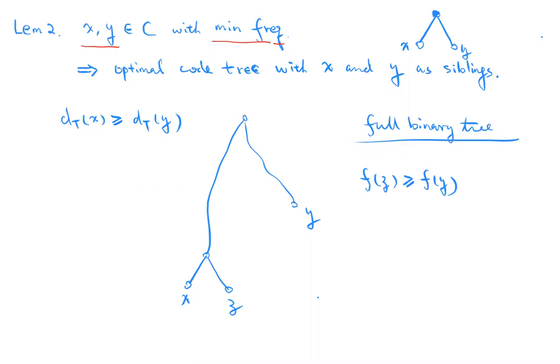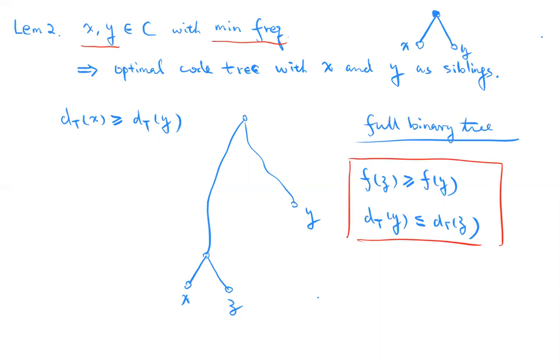Now, for the distances, dTy is less than dTz. So we apply lemma 1, the exchange property, to this one. We exchange y and z, so z is changed to y and y is changed to z.